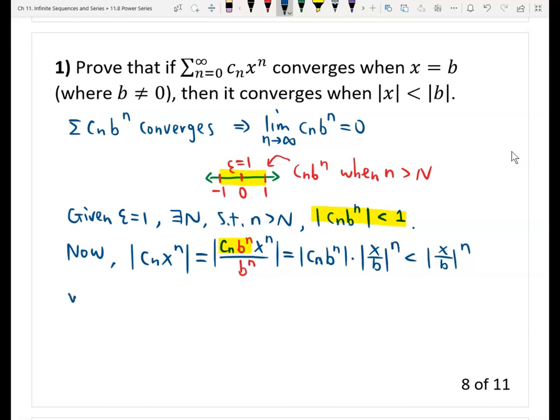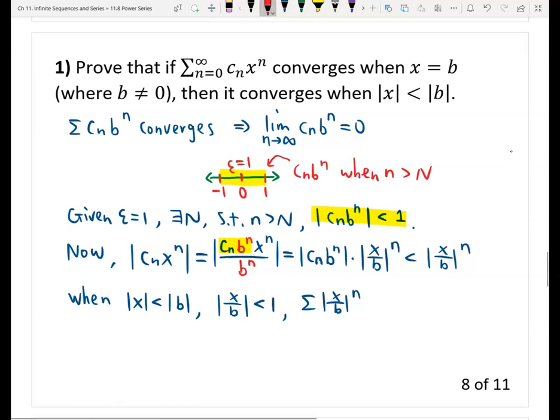So when the absolute value of x is controlled by b, then we have this absolute value of x over b less than what? Less than 1, right? Okay, therefore, can you see? And the right term, so here, if I put the absolute value and the summation, this is what?